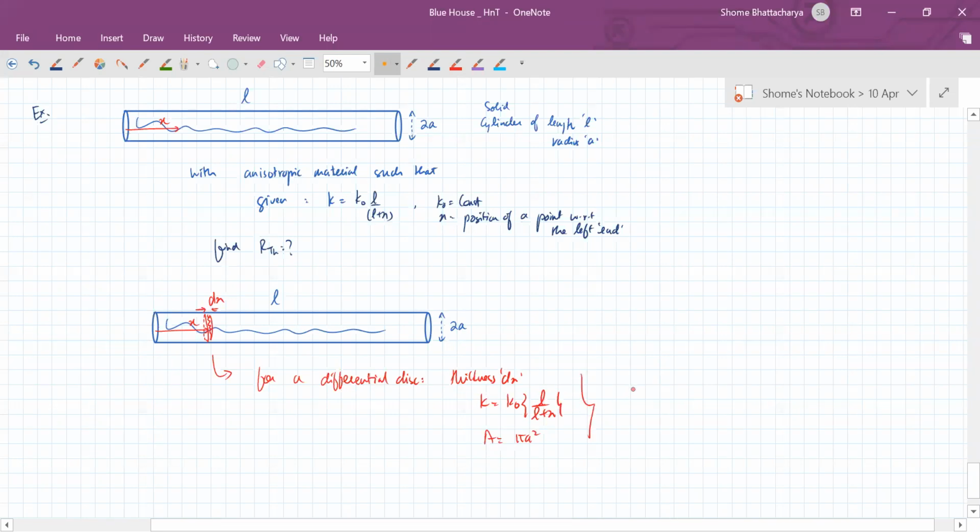So the differential thermal resistance is dx upon Ka. That becomes dx upon K naught L upon L plus x into pi a square. So it becomes quite an easy function to integrate.